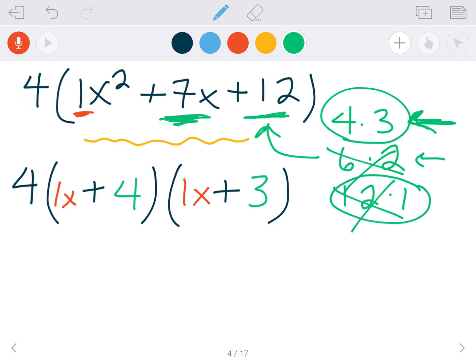Okay, now let's quickly use FOIL in these two binomial expressions to make sure that if we multiply quantity x plus 4 times quantity x plus 3, we do in fact get x squared plus 7x plus 12. So let's look at that real quick.